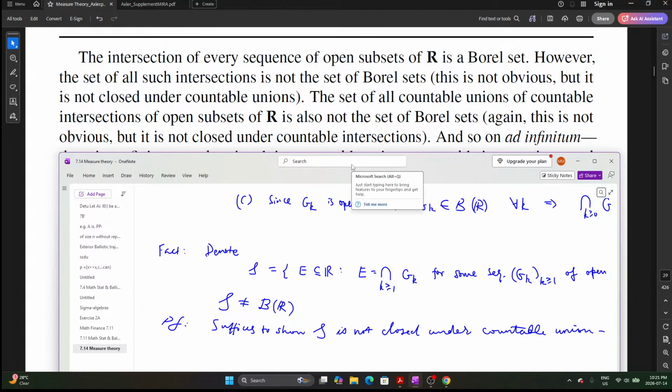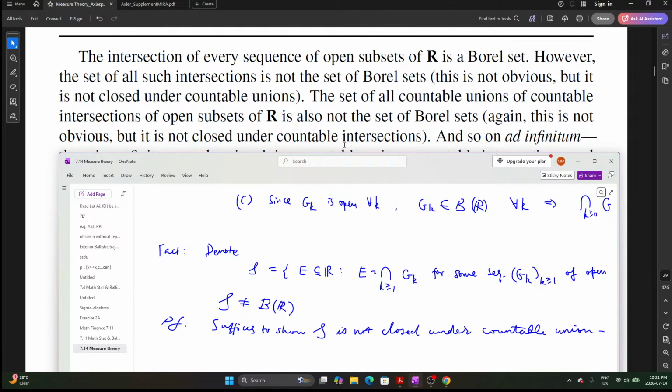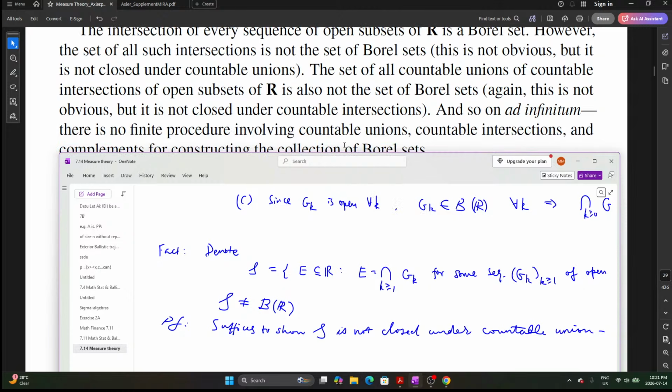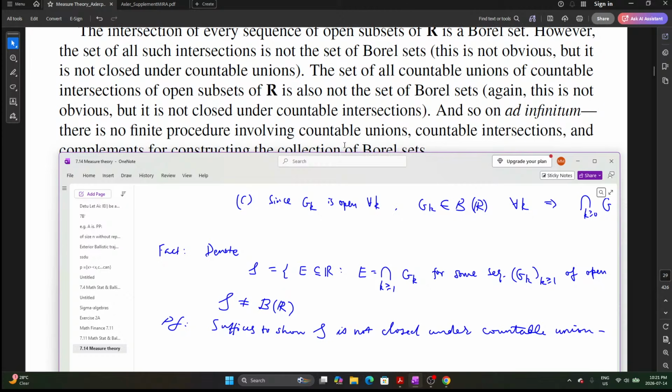This is a general property of set theory, not specific to the Borel sigma algebra. Again, this is not obvious, but it's not closed under countable intersection. And so on ad infinitum.